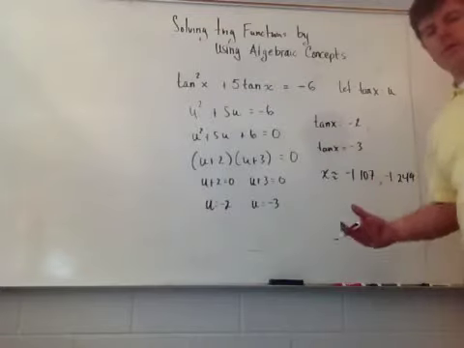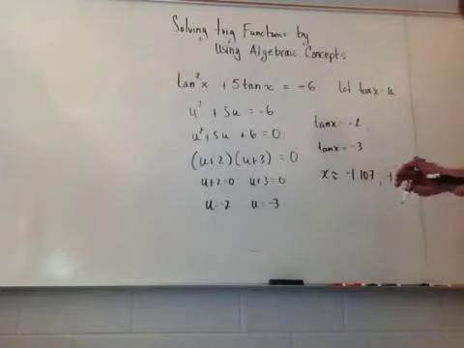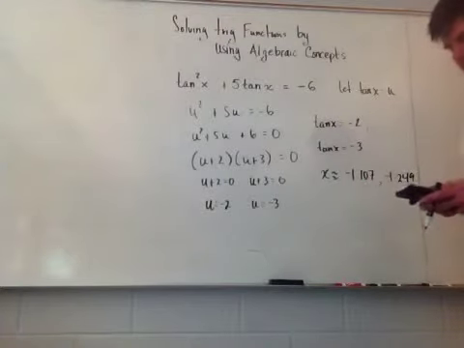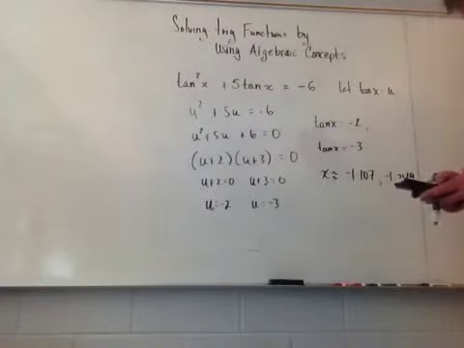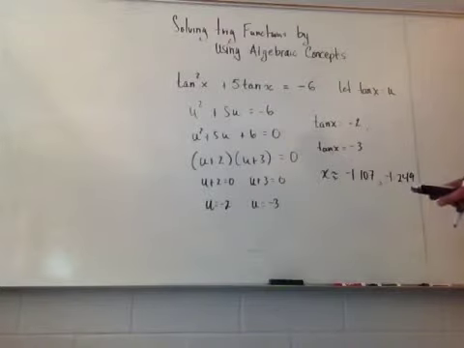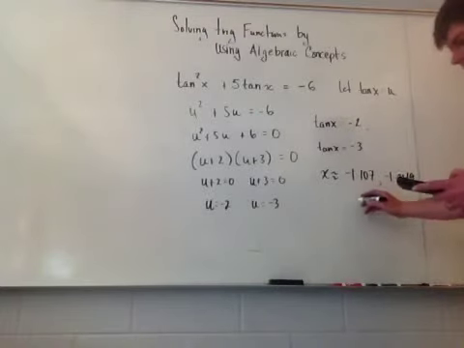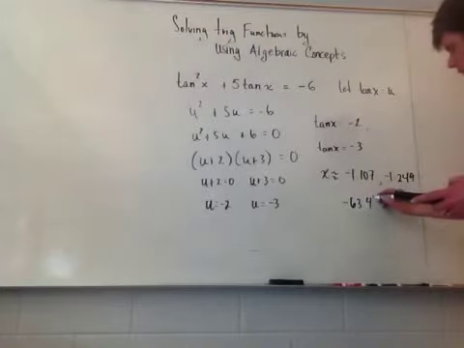If I wanted to turn them into degrees, I would take this negative 1.107, multiply it by 180, hit enter, and make sure to divide it by pi at the end, and you will get that this answer is approximately negative 63.4 degrees.